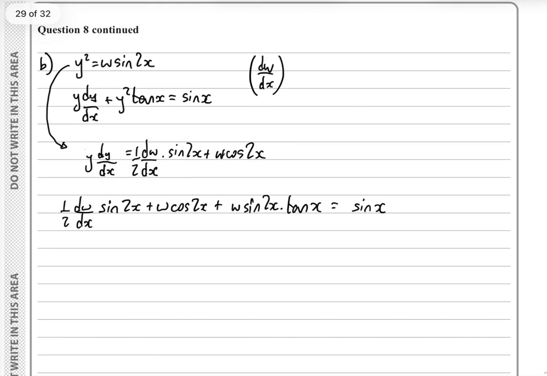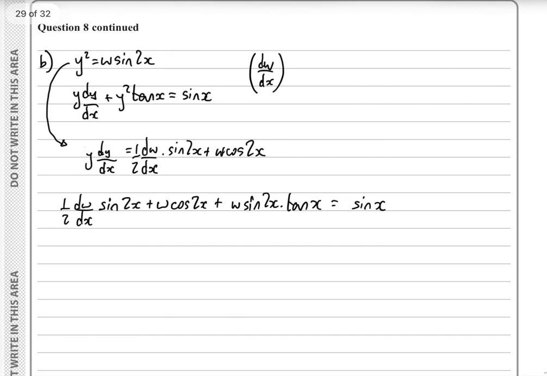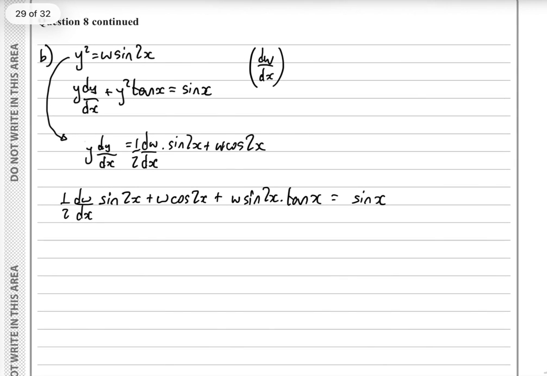Okay, so if we divide everything by sine 2x to get dw by dx by itself, we're going to end up with a cot 2x in the second term and a tan x in the third term. Yes, okay, that looks good.